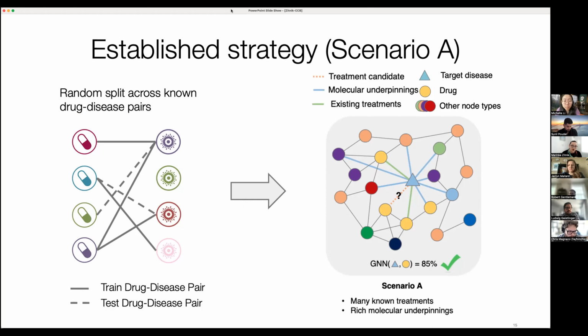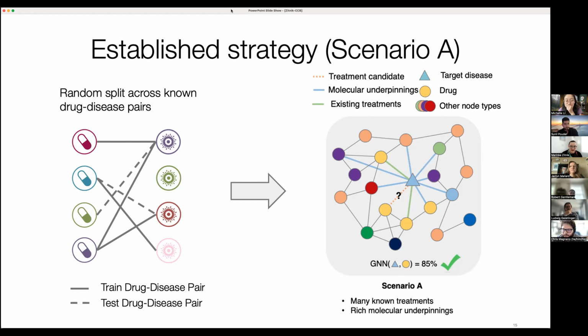Most models start with a ground truth data set of drug-disease pairs, or drug-disease indications and contraindications, and then split them in a random manner. Part of those drug-disease indications are in the training set and the rest are in the test set. We want the model to perform well on those unseen indications in the test set that the model does not encounter during training time.